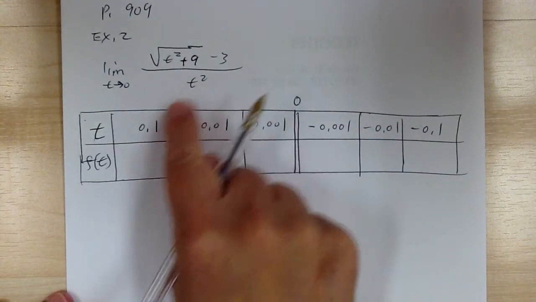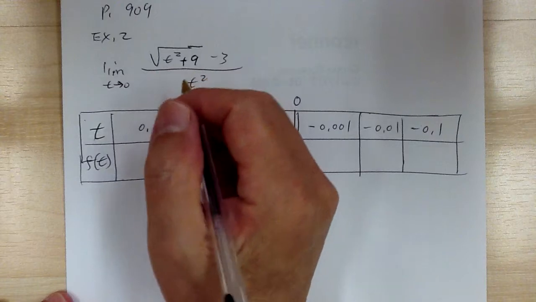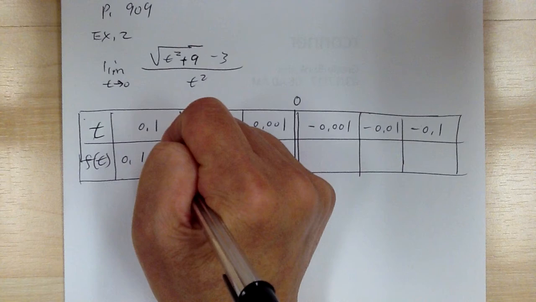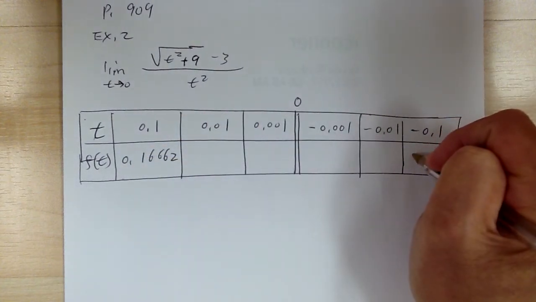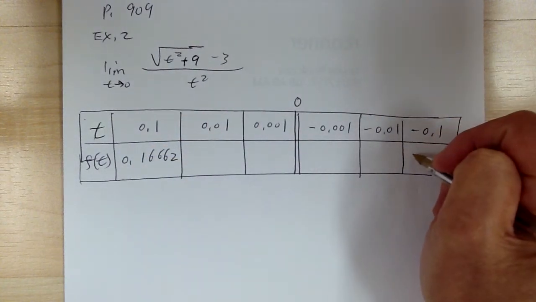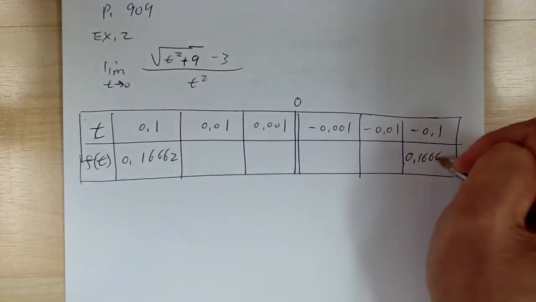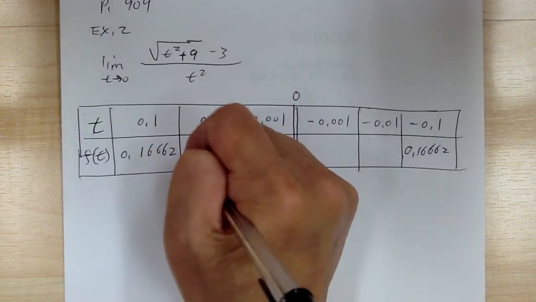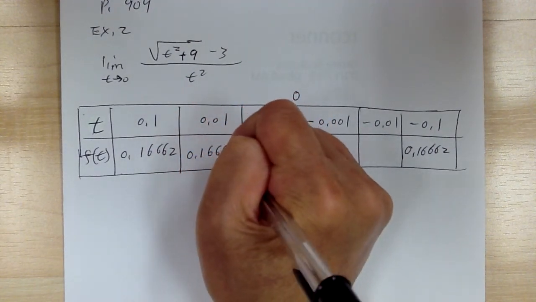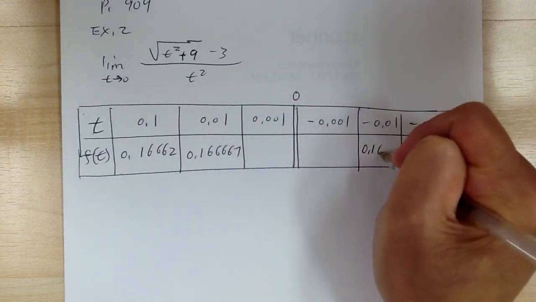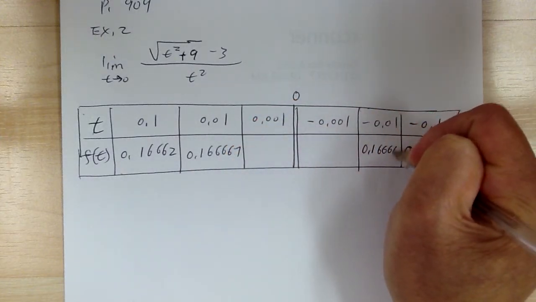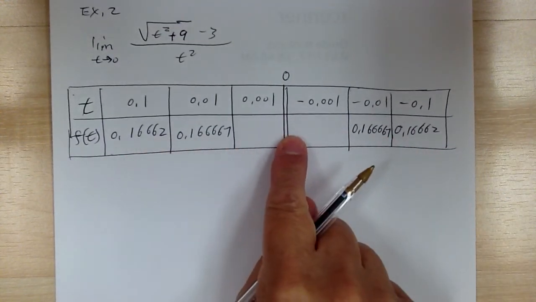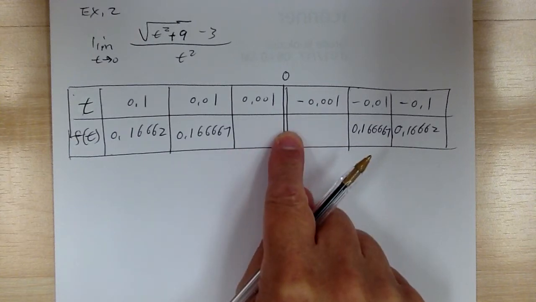So you let t equal 0.1 and work it out. You get 0.16662, and if you make it equal to negative 0.1, you also get 0.16662. Now if you try 0.01, you get 0.166667, and the same on the other side, 0.16667. When it's already so close, you don't need to bother going further.